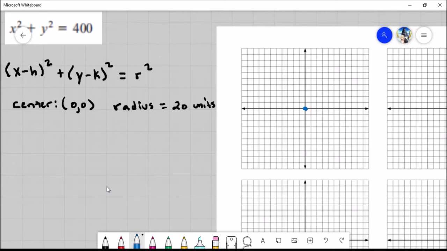So now the radius. The radius of the circle is the distance, in units, away from the center of the circle. In this case, we will be 20 units away from the center, or origin, of our graph. Now, this doesn't cover 20 units. If I count by ones, it's 11 in total. So I want to make it a good size.